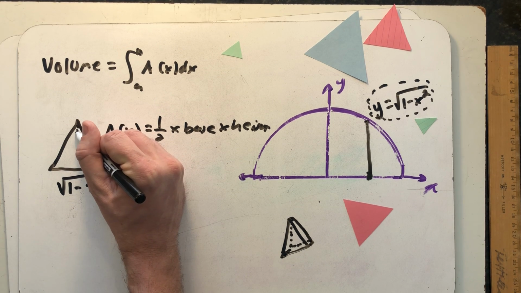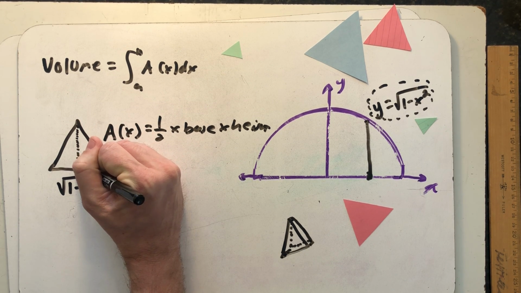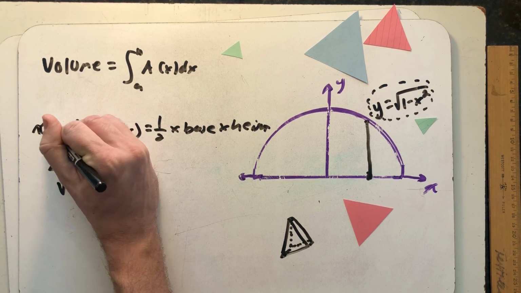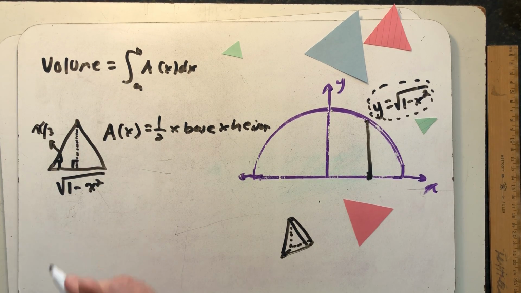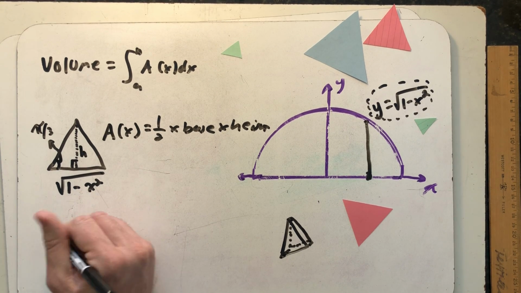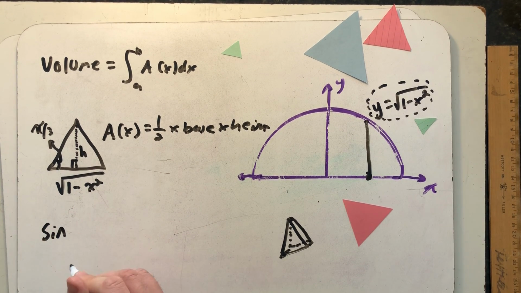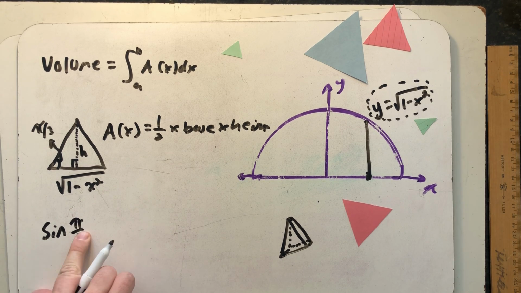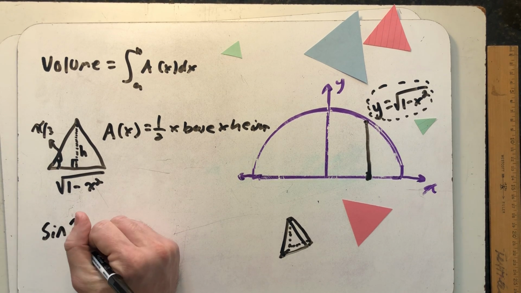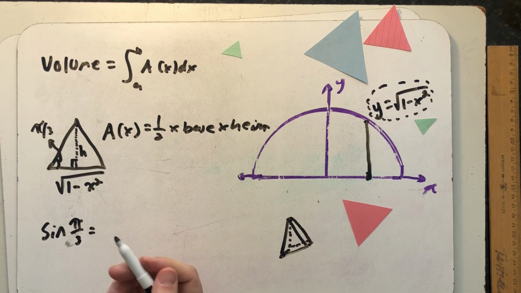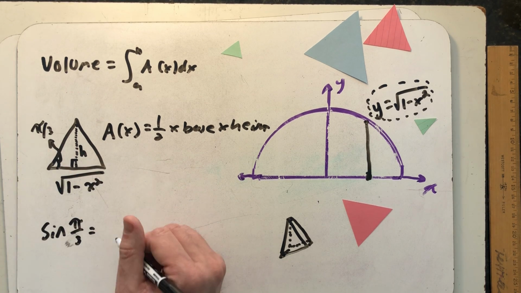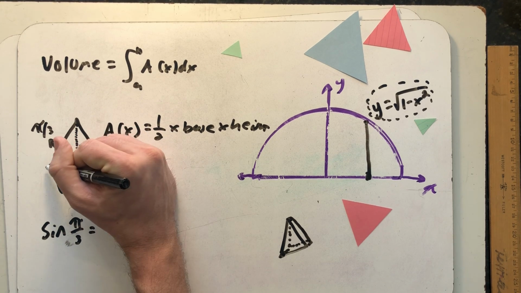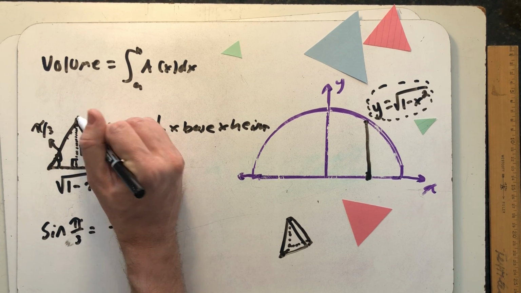Well, it's an equilateral triangle, so to find the height, I can think about this being a 60-degree angle or a pi-thirds radian angle. And I'm looking for this height, so I'm going to say the sine of pi over 3 is equal to the opposite side over the hypotenuse. I have this side labeled, but it's an equilateral triangle, so this side has to have the same length.